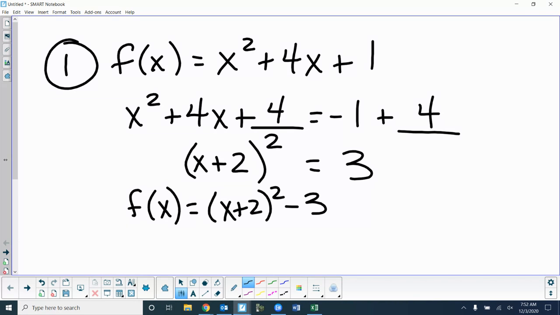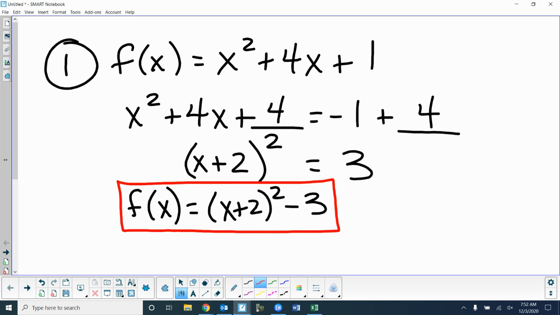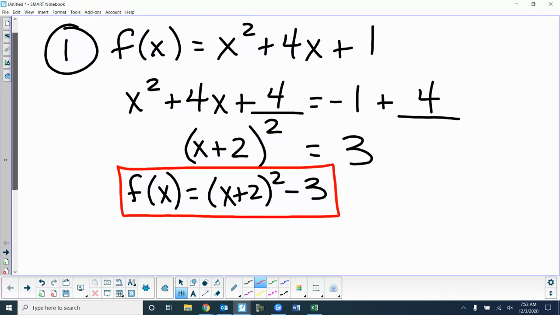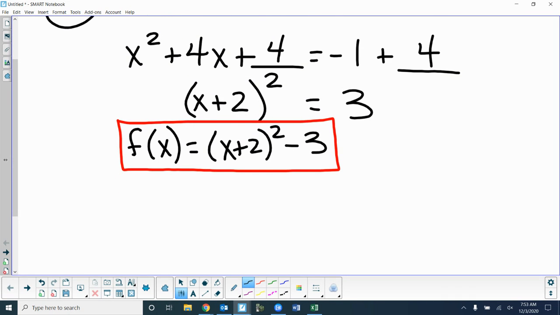All right, so that's one answer I'm looking for. If we have it in vertex form, I can tell that the vertex is the opposite of +2 for the x, and whatever that is for the y.